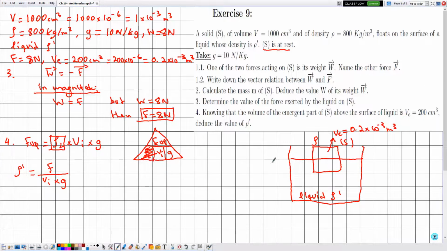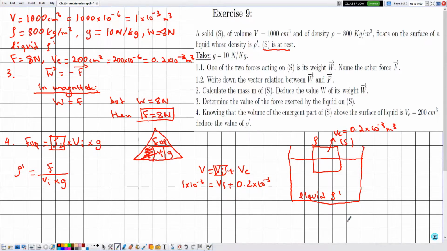So all of these quantities are related via the following formula: the total volume of the solid is given by the volume of the immersed part plus the volume of the emergent part, and we are interested in determining Vi. So the value of V is given by 1 times 10 to the power minus 3 in the SI. So we keep Vi as a variable plus the volume of the emergent part, which is 0.2 times 10 to the power minus 3 meter cube.